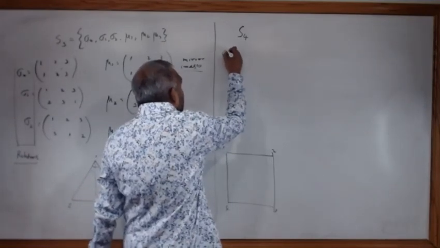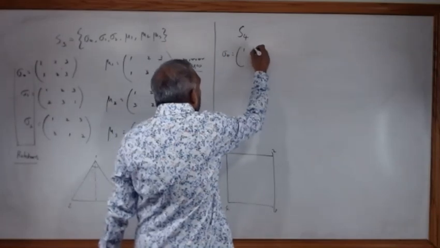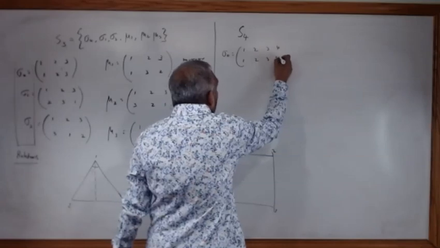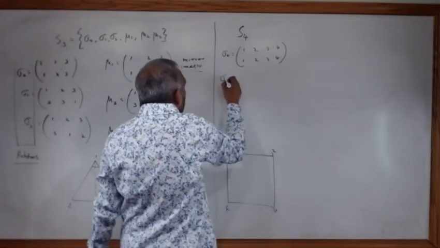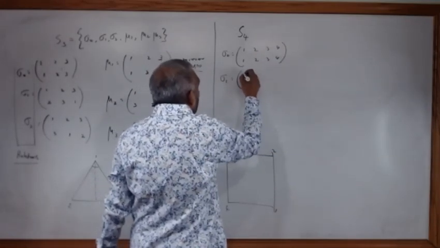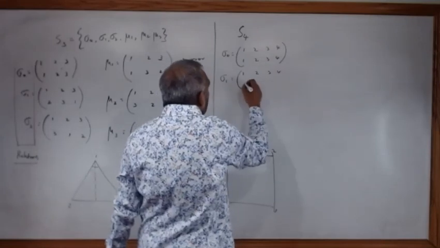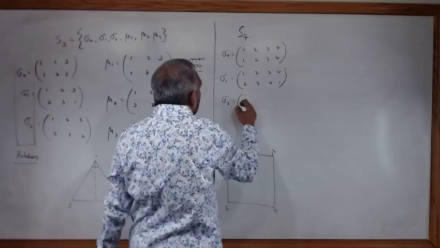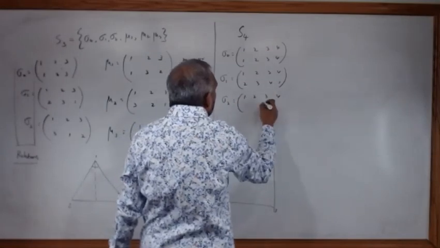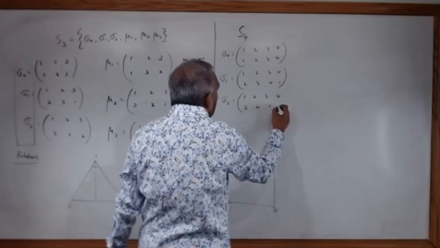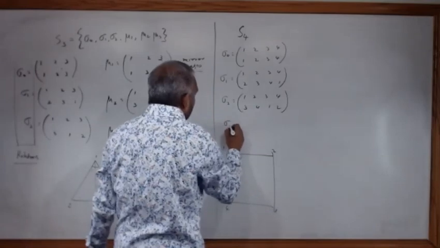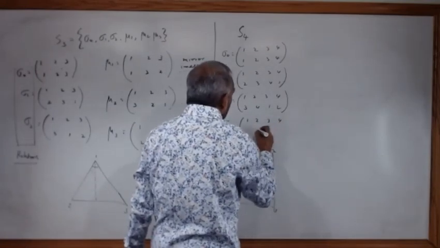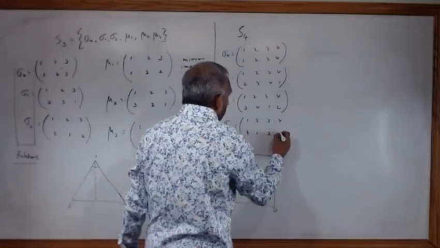We'll select sigma 0, 1, 2, 3, 4. Sigma 0 is 1, 2, 3, 4, which is the identity. Sigma 1 is 1, 2, 3, 4 going to 2, 3, 4, 1. Sigma 2 is 1, 2, 3, 4 going to 3, 4, 1, 2, and sigma 3 is 1, 2, 3, 4 going to 4, 1, 2, 3.